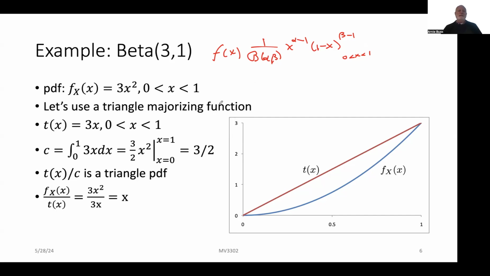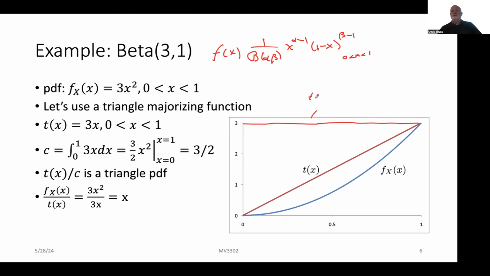But since we're talking about the acceptance rejection method, here's a triangle majorizing function. We could also use, by the way, and this is often a place to start, a uniform majorizing function.